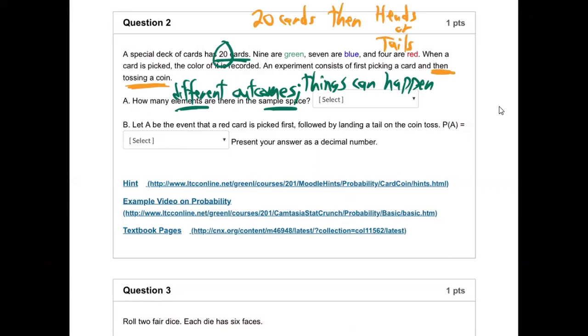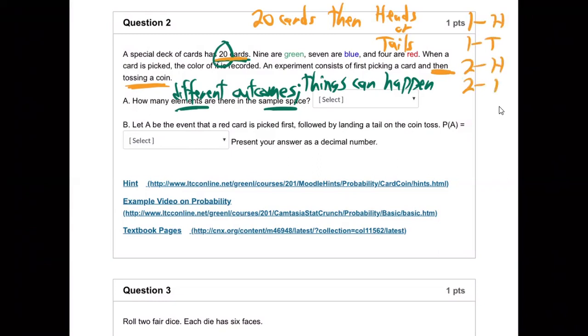If you're thinking about what are all the different things that can happen, let's kind of write them out a little bit. I could get the first card, whatever that is, I don't care, green, blue, whatever. All I care is there's 20 cards. I could get the first card and then flip the coin and get heads. Or I could get the first card and flip the coin and get tails. Or I could get the second card, whatever it is, and flip the coin and get heads.